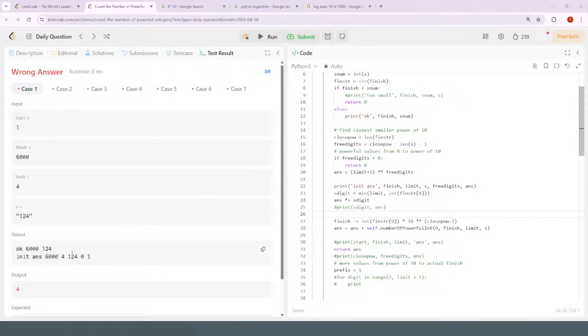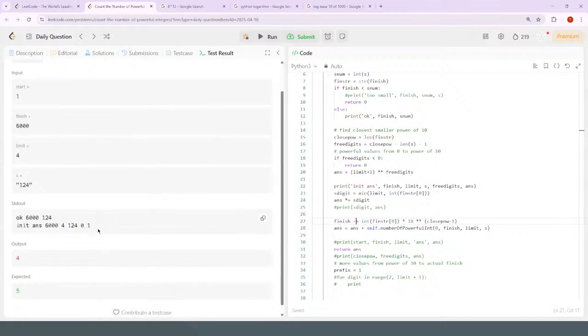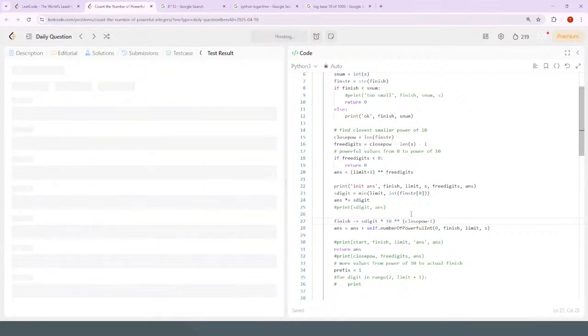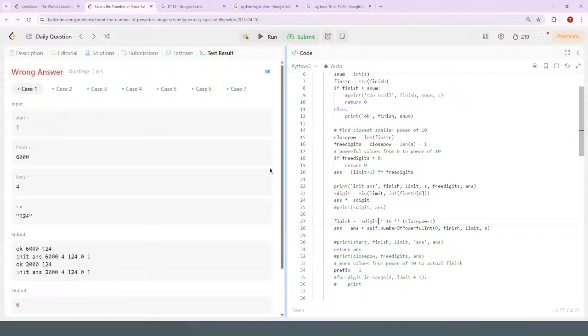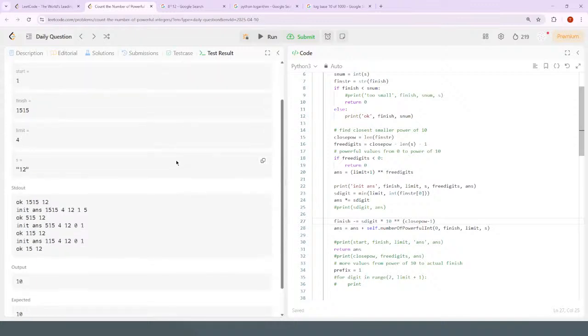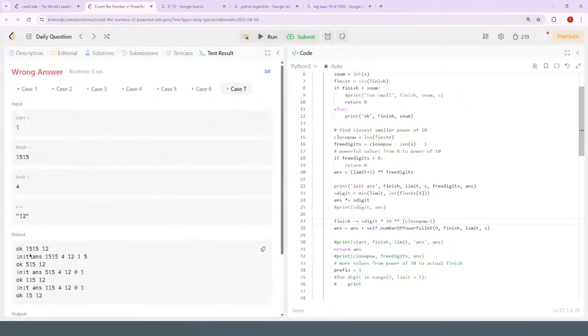Alright, that definitely did not work. So the initial answer is now too small. Okay, let me go back to what I had before. Yeah, okay, it's doing stuff.